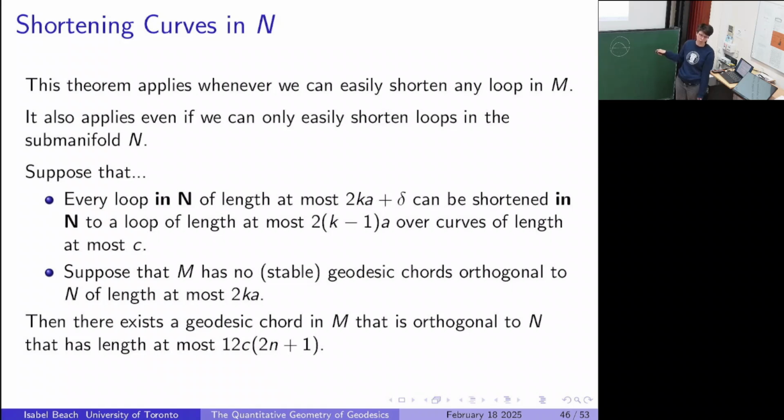So 6 times as long as if you knew how to shorten all the curves in M, but still not bad. And of course, this second condition that there are no stable orthogonal geodesic chords is actually not an obstruction because that's what you were trying to find. So if you knew you had a short one, you'd be even happier. So really, as long as you can shorten loops in n, you can get a geodesic chord orthogonal to n.